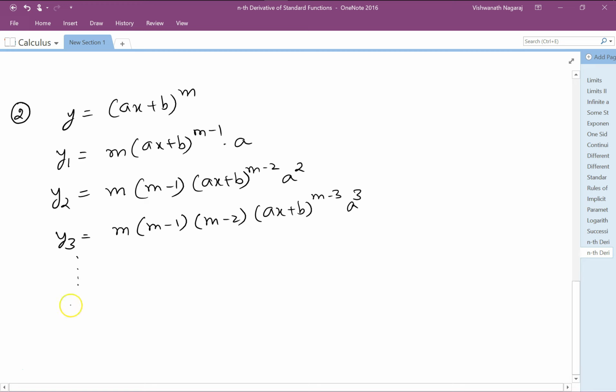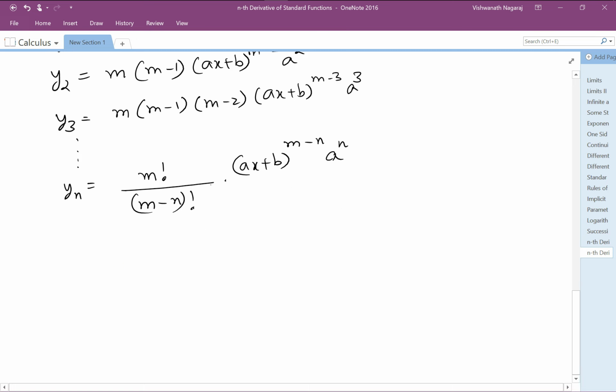Yes. Now the pattern becomes clearer, and we know what this m into m minus 1, m minus 2 becomes. It becomes m factorial by m minus n factorial times (ax plus b) to the power of m minus n and a to the power of n.